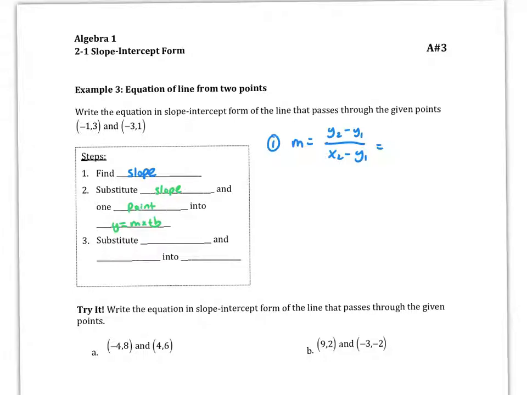And lastly, we're going to substitute the slope and the y-intercept, which is b, into y equals mx plus b. So notice that we're coming back. We're going to use y equals mx plus b, and then we're going to end with y equals mx plus b. We know that because we're asked to write the equation in slope-intercept form. Turns out we're going to use slope-intercept form as well.